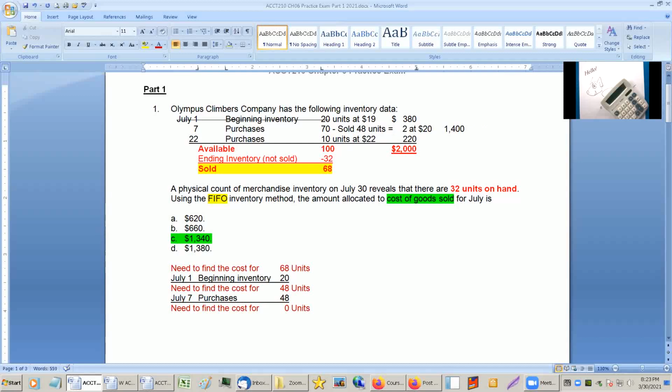Yeah, 22. Spacing on this is a little kooky. Okay, so this is what's left in our ending inventory. Let me get rid of this one. So our ending inventory, we have that.